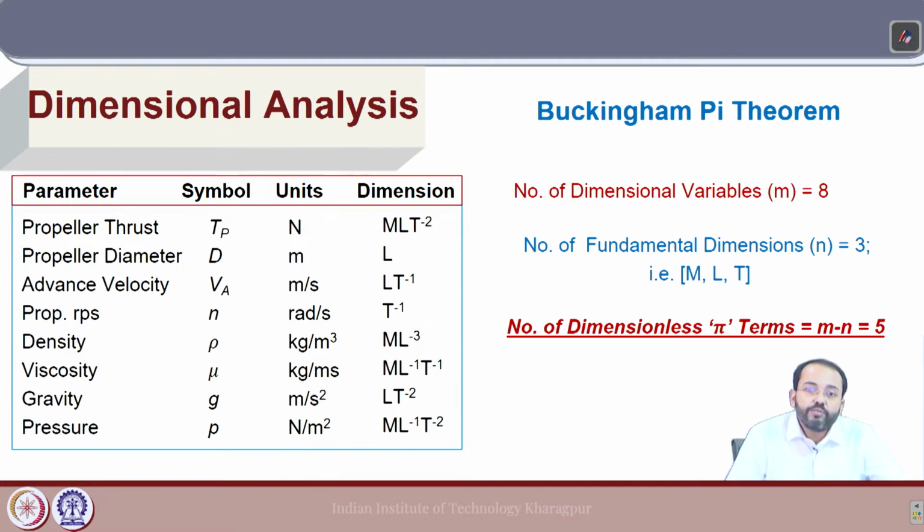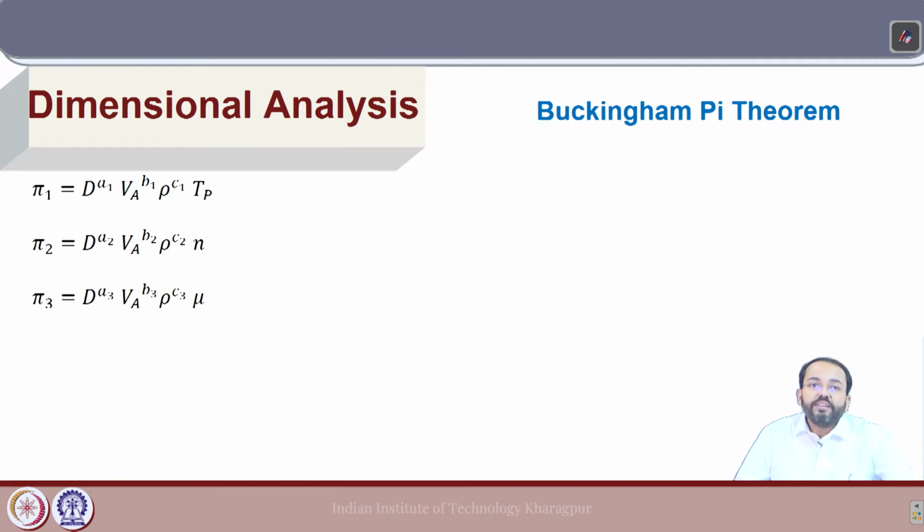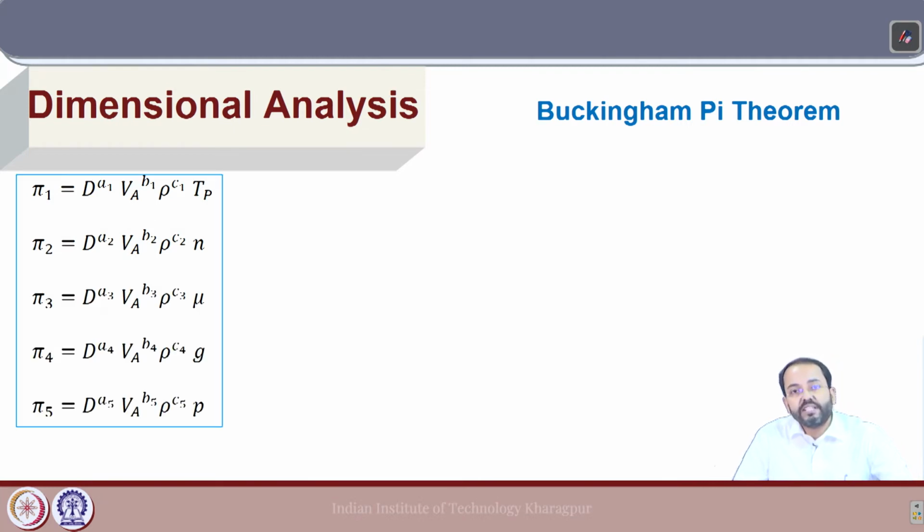So, we will try to calculate for each of these terms and we will use that to get the propeller coefficients. Let us look into the first dimensionless coefficient pi 1, where we will have 5 terms and each of them raised to a certain power, which we will try to solve using these similarities. Similarly, we will have pi 2, pi 3, pi 4 and pi 5, the different dimensionless terms.